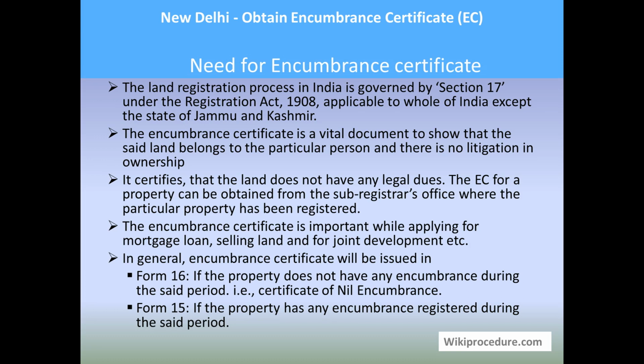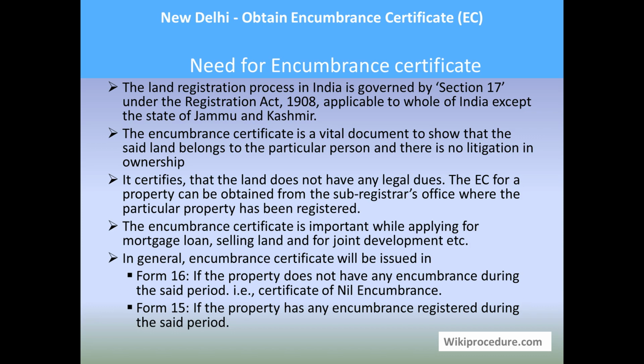Let us find the need for encumbrance certificate. Encumbrance certificate, in short called EC, is used in the real estate sector. Whenever there is a sale of a land, or a mortgage of a land for obtaining a loan, or for the joint development of the property, the investor or the person who is planning to buy the land will apply for this encumbrance certificate, which is called EC.